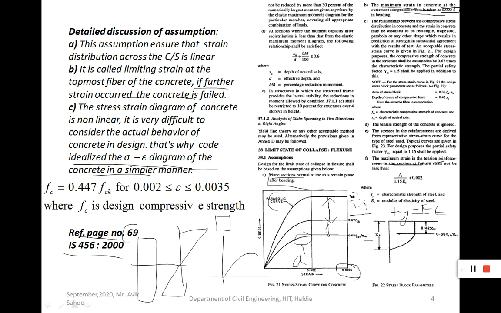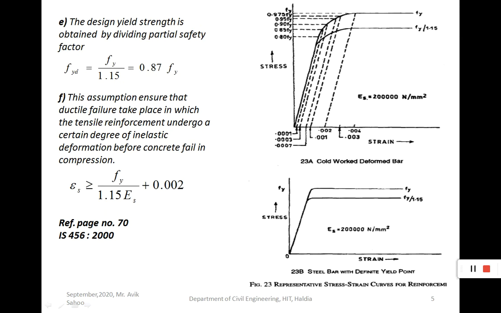So Fy is the yield stress, and the factor of safety for the material, 1.15, is used, and the reduced yield stress is taken. That is called the design yield stress. We have considered the factor of safety. Okay.